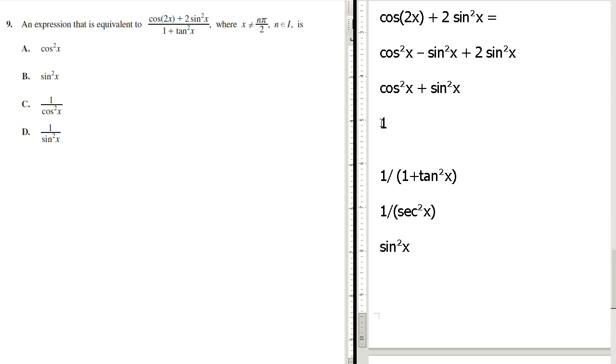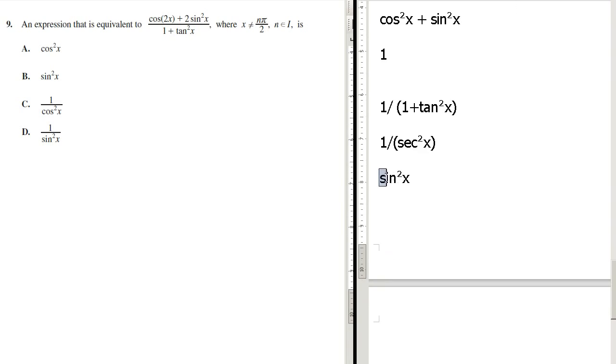Alright, so we just multiply the two, the 1, which is the numerator, and then the cos squared x, which is the other part of the expression, and the answer is just cos squared x. So B.